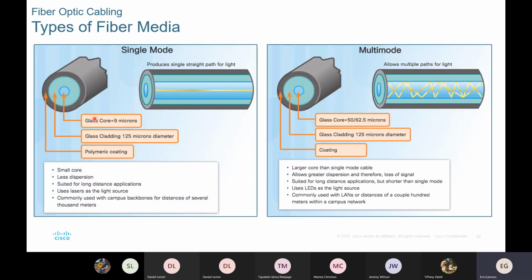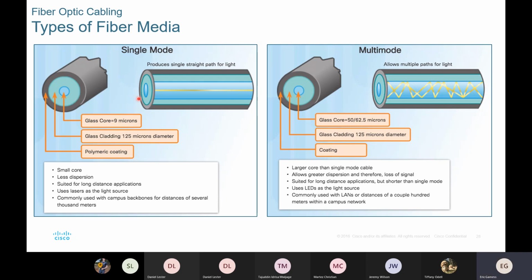Look, we have 2 technologies in fiber optic. We have a technology that is called single mode and a technology that is called multi-mode. Single mode is when we have just one ray of light, or we say one mode of light. This is much more expensive, the single mode.